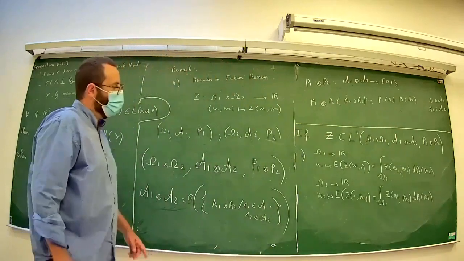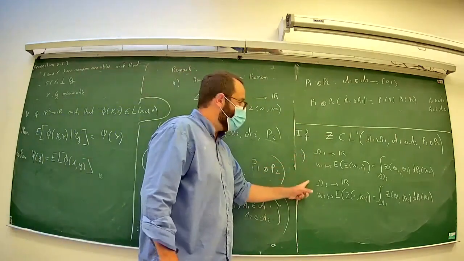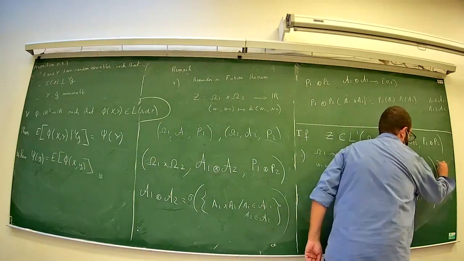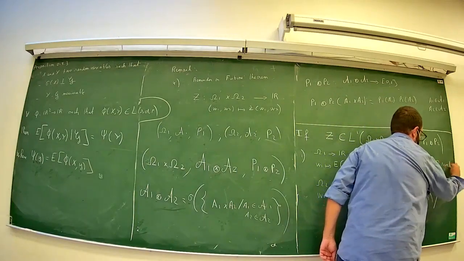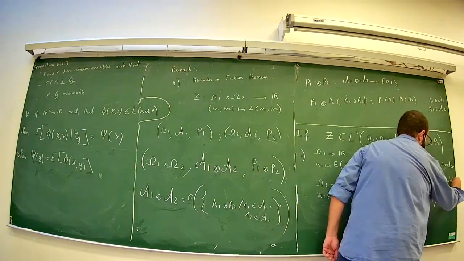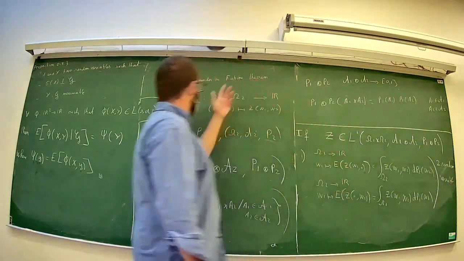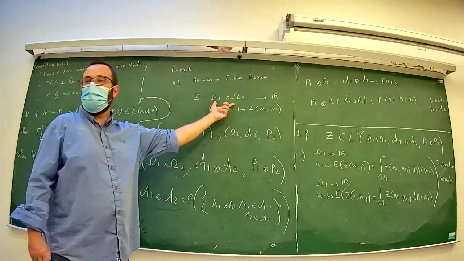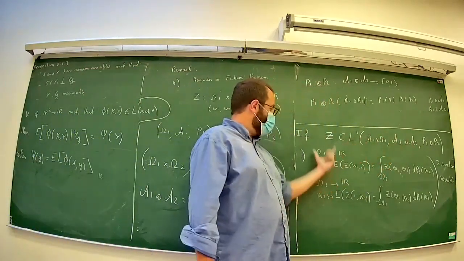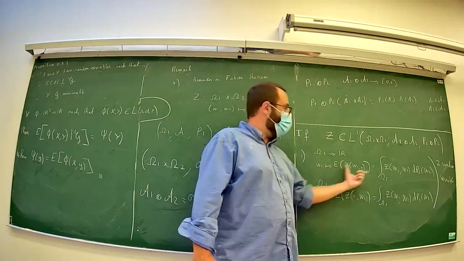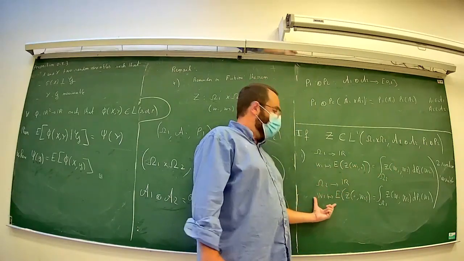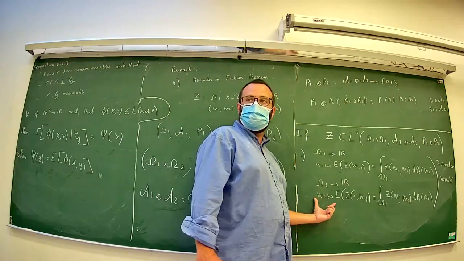The Fubini theorem tells me that these two mappings are random variables. Here I have something that depends on two variables, and that is a random variable with respect to this choice of sigma algebra. The partial mappings defined in this way are, this one A1 measurable, this one A2 measurable. Okay?